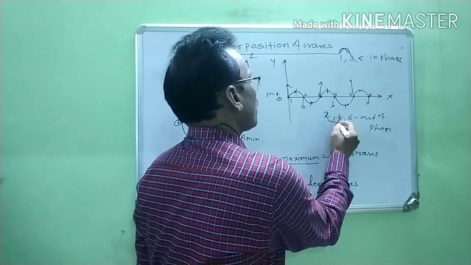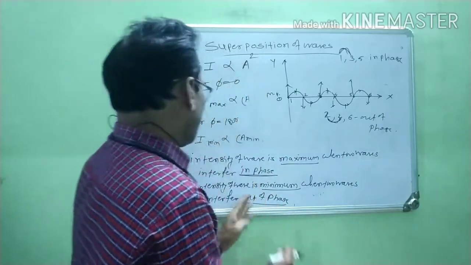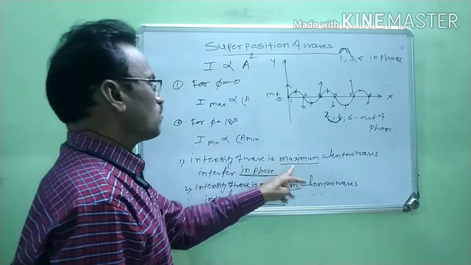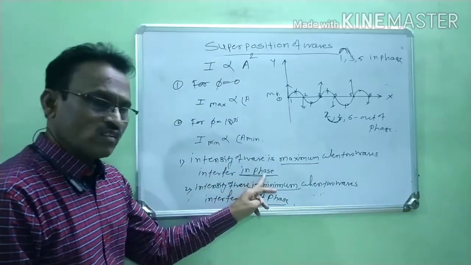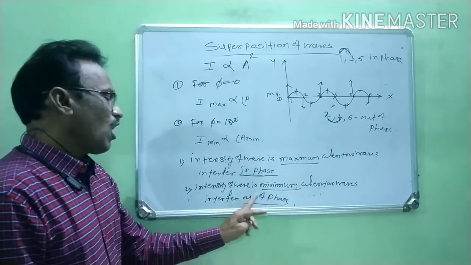When 2 and 4 interfere with each other, we say that it is out of phase. In this way, the intensity of the wave is maximum when the two waves interfere in phase, and the intensity of the wave is minimum when two waves interfere out of phase.